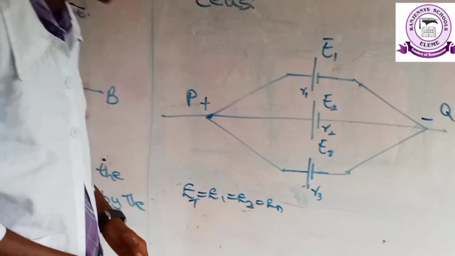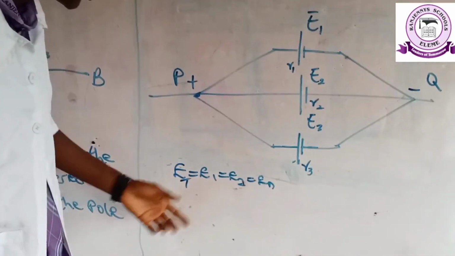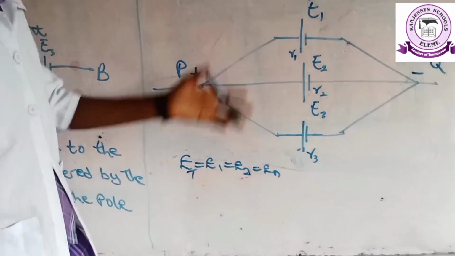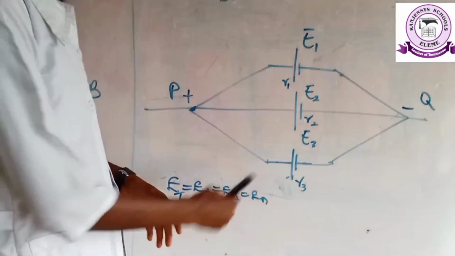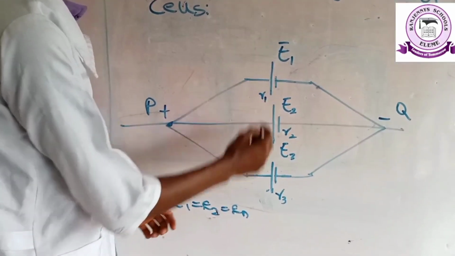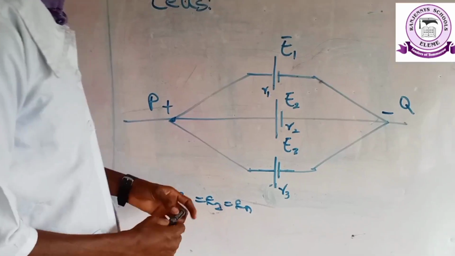Total EMF of parallel arrangement is equal to one of the individual cells' EMF.